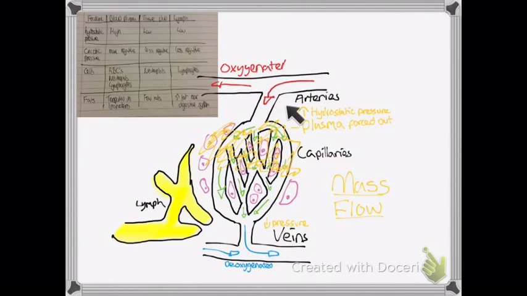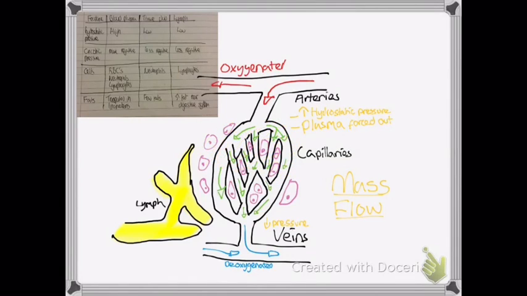However, the red blood cells, platelets and white blood cells remain in the blood. As we said here, we don't have any of those cells in the tissue fluid, just neutrophils. And then nutrients are exchanged with the cells. So our cells in purple here, they take oxygen from the plasma and they put waste back into the plasma.